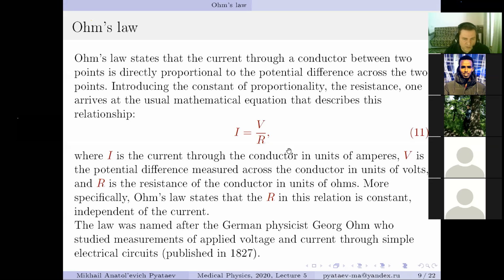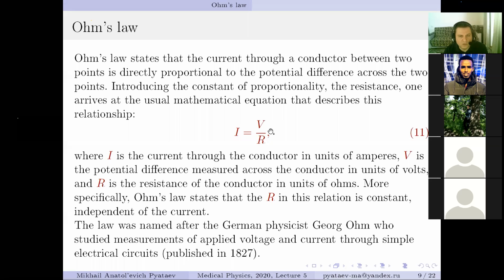Its resistance is large compared to the resistance of metals, so we can call our body a weakly conductive medium. From Ohm's law, the current between 2 points in a conductive medium is proportional to the potential difference between these 2 points.